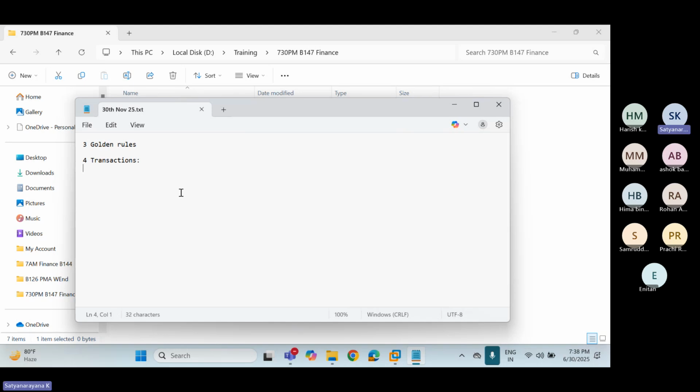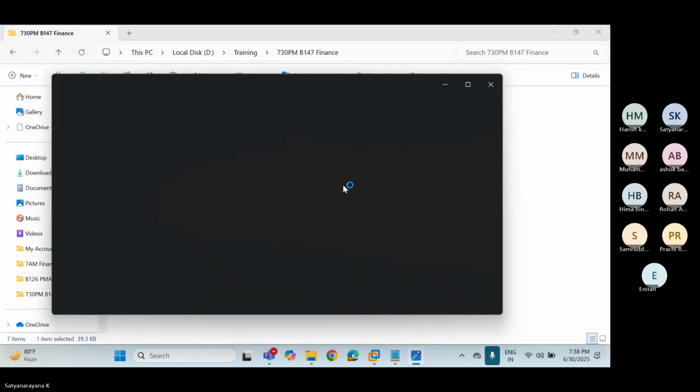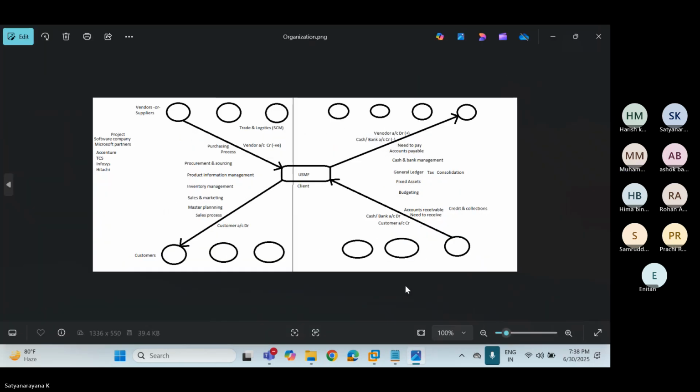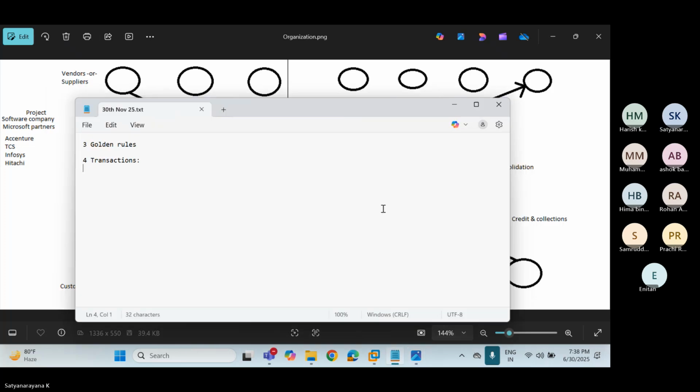So what are these 4 transactions? Vendor invoice, vendor payment, customer invoice, customer payment. These 4 transactions we need to understand, and 3 golden rules we need to understand.